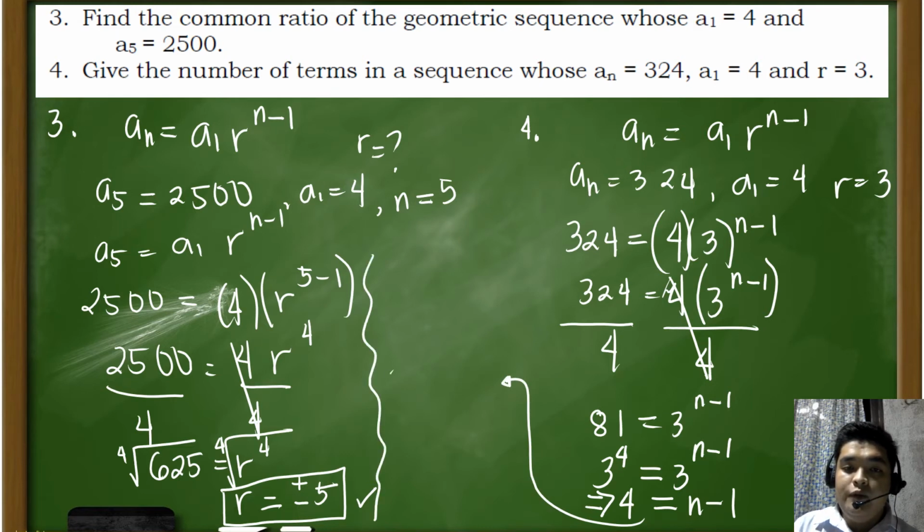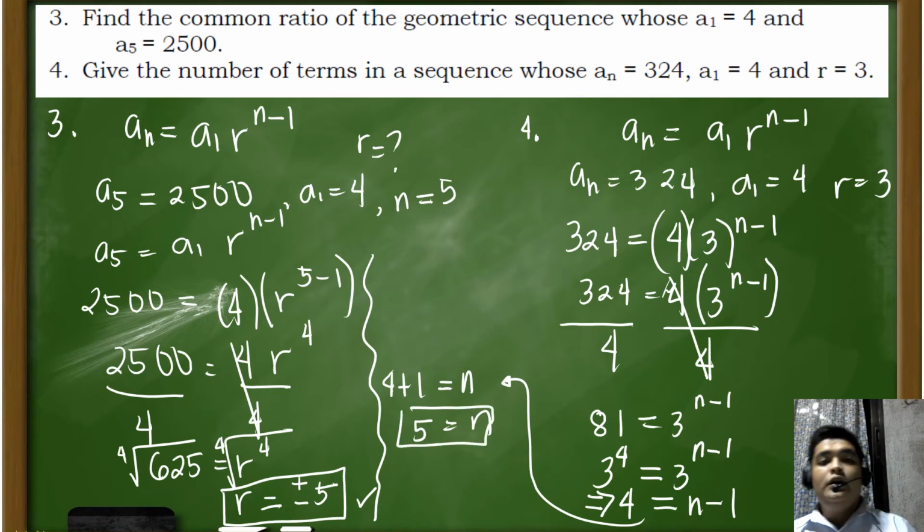So it will become 4 plus 1 equals n. So our n here is 5. Okay? So therefore, there are 5 terms, no? The fifth term is 324.